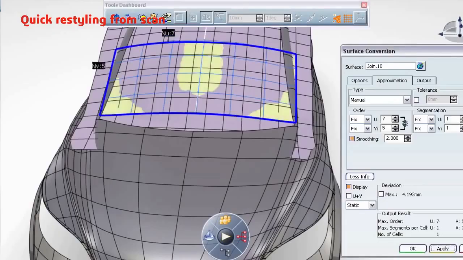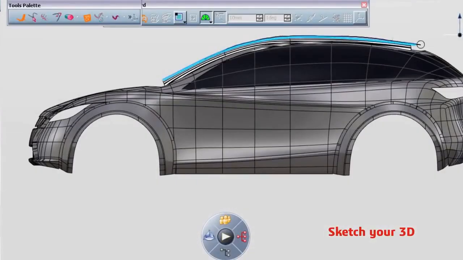With the help of CAD software, the meshes are converted into a Class A surface.